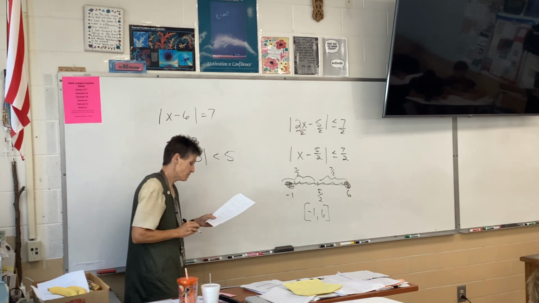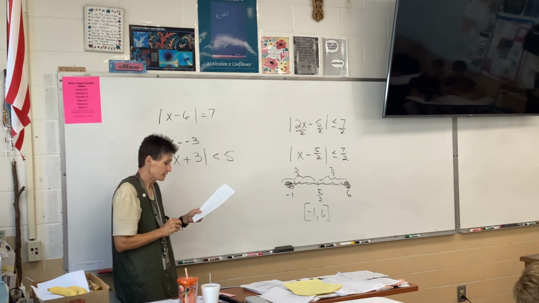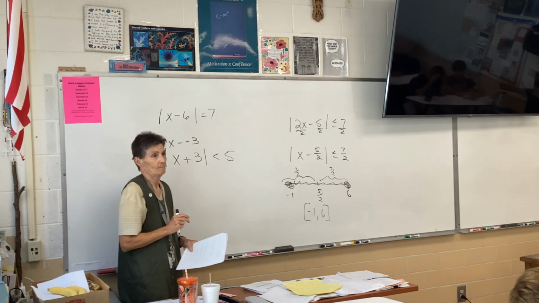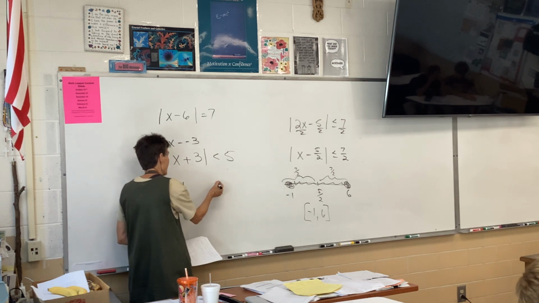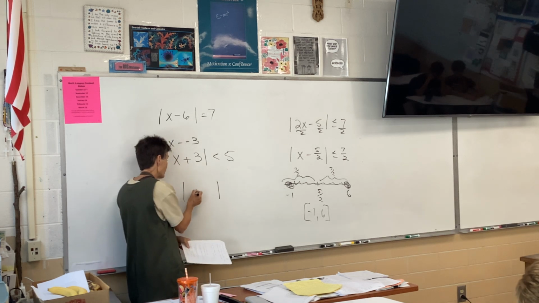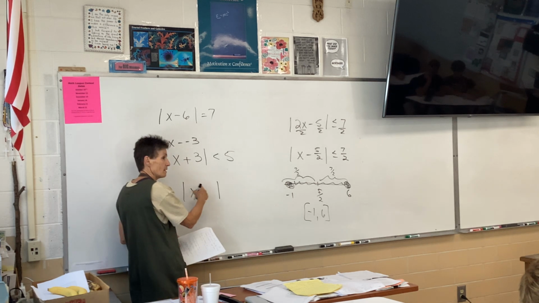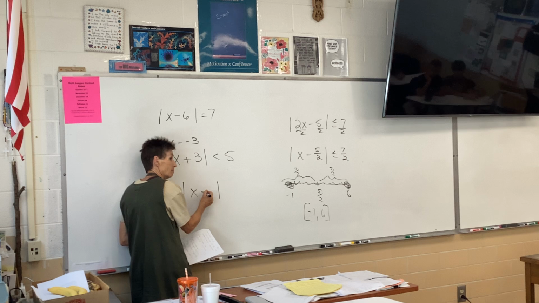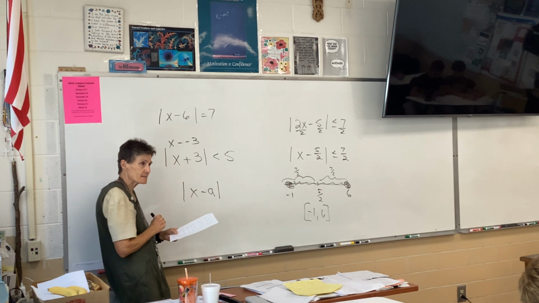The distance between x and a is at least d. I'm going to put an absolute value, between x and a, so what'll go in here? X minus a, okay, is at least d.